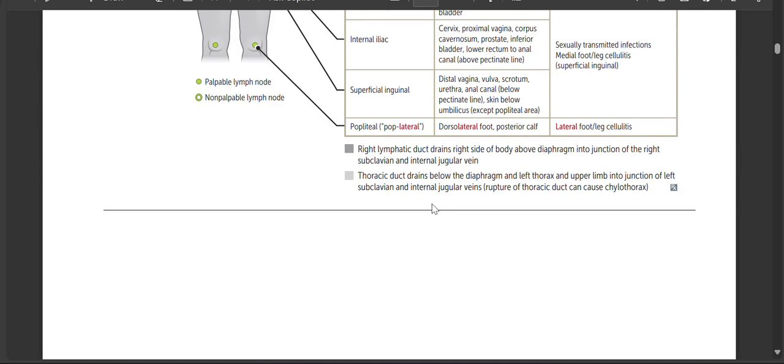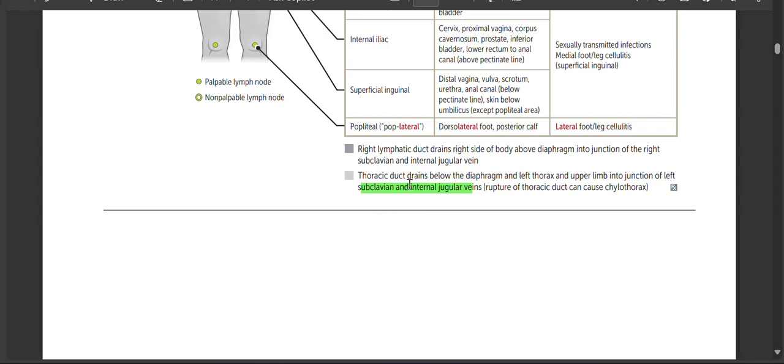Yeah. Now, this part here is actually important to remember, that the thoracic duct drains everything below the diaphragm, and it drains into the junction between the subclavian vein and the internal jugular. Now, why is this important?